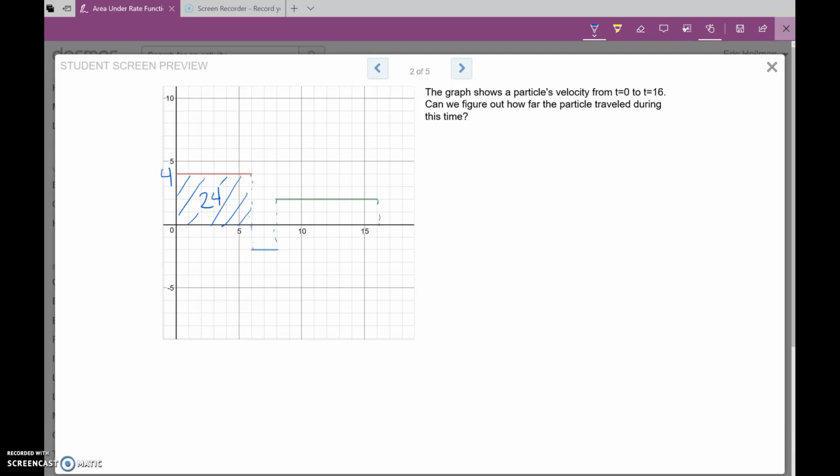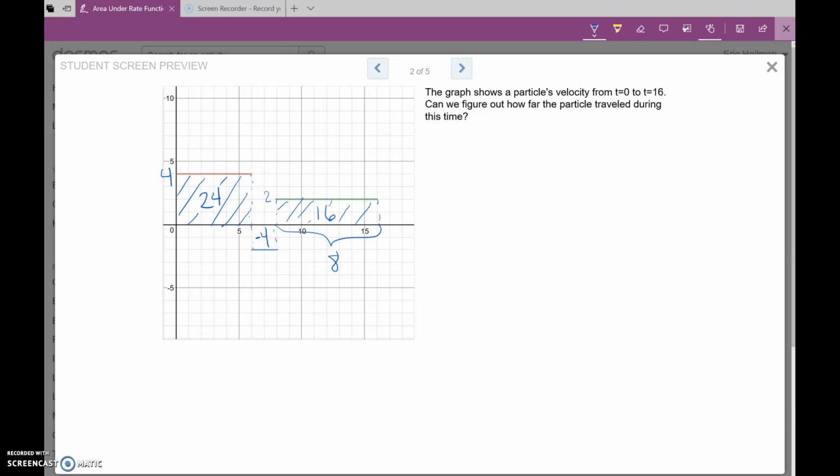Then, if I am traveling -2 meters per second for 2 seconds, I have traveled -4 meters during that whole time. That's the area of this square. And in the last segment, I am traveling for 8 seconds at 2 meters per second. So 2 meters per second for 8 seconds, that's 16 meters.